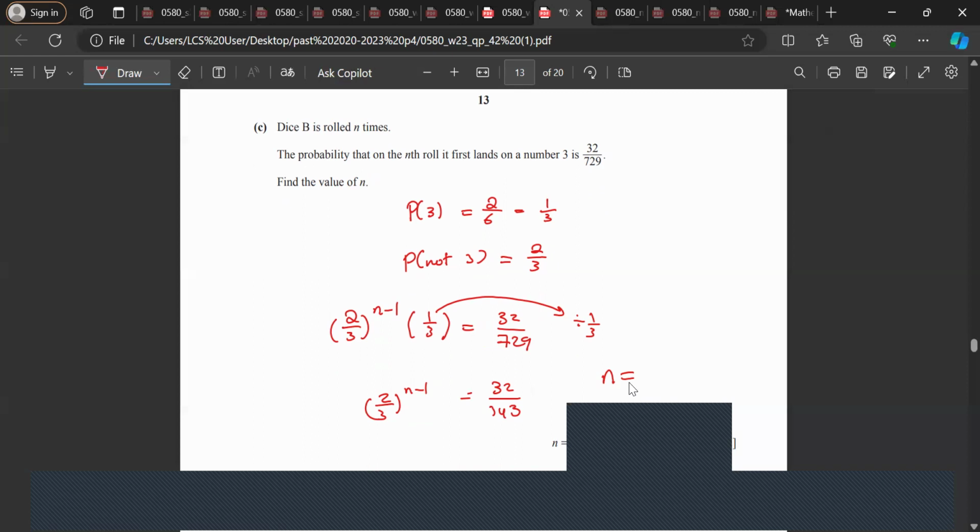Yes. Let me do this again. Let me calculate it again because there was an error. N is 6, sorry. So n is 6. Let me write it again.